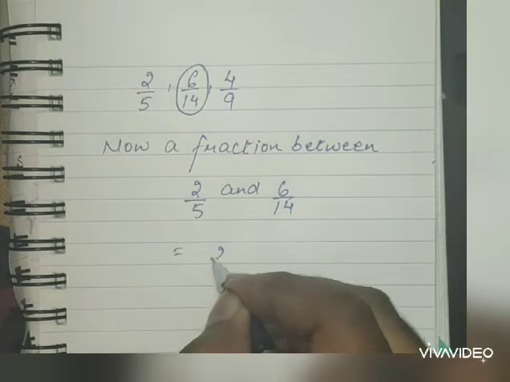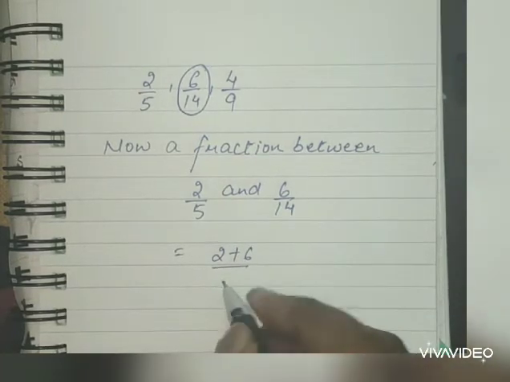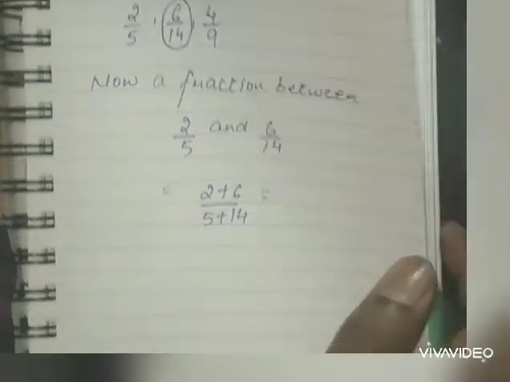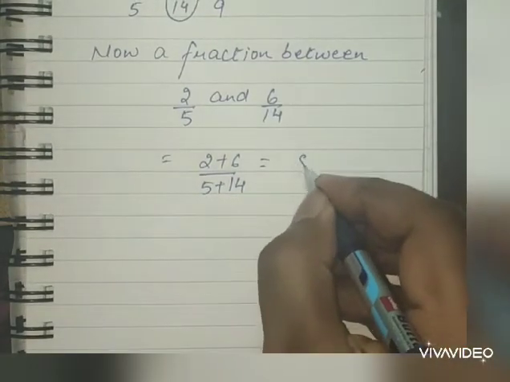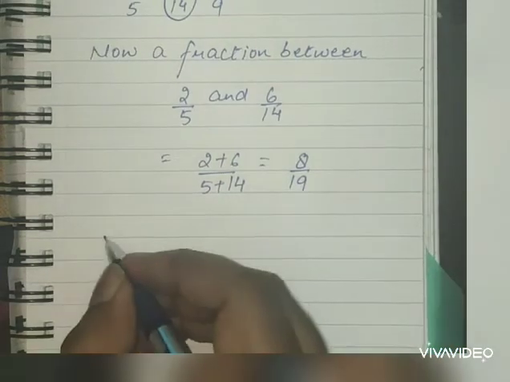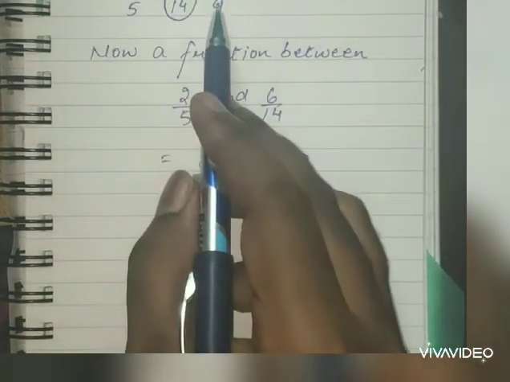So add the numerators and add the denominators. So you will get 8 upon 19. Now take this and this.